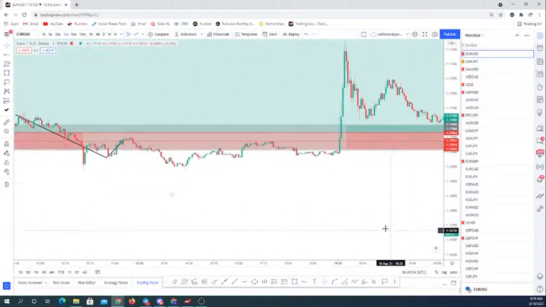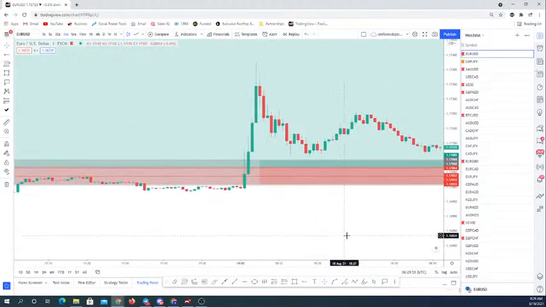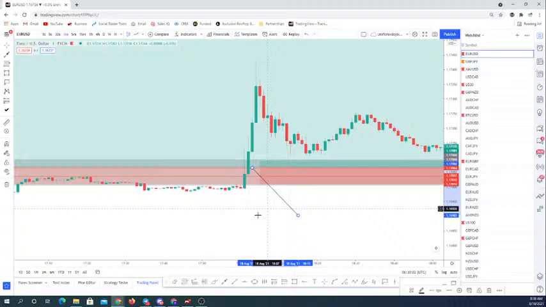Just zoom in. Can you see this? This all happened within a span of 5 minutes. So you'd have gotten triggered at this level, and then you would have hit 1R somewhere around here. This is all within a span of 1 minute, by the way.